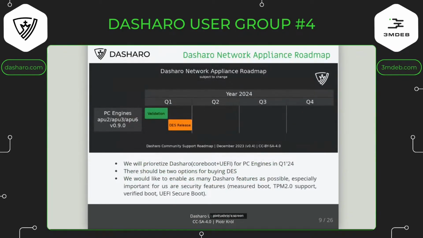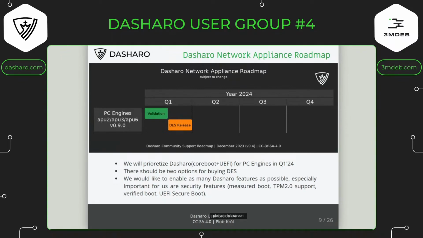There is the network appliance roadmap, which is, in my opinion, something which has very high priority for us. And I cannot see that this will not happen in Q1, but various things happened in the past. At this point, we already have good traction for bringing back PC Engines.